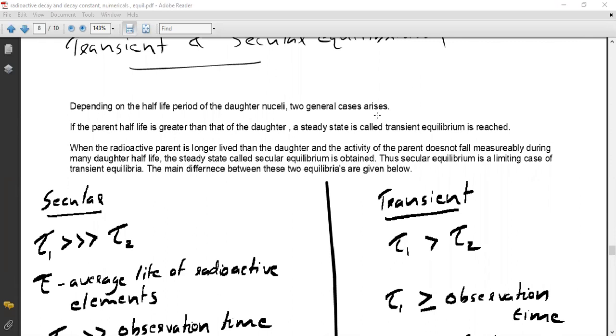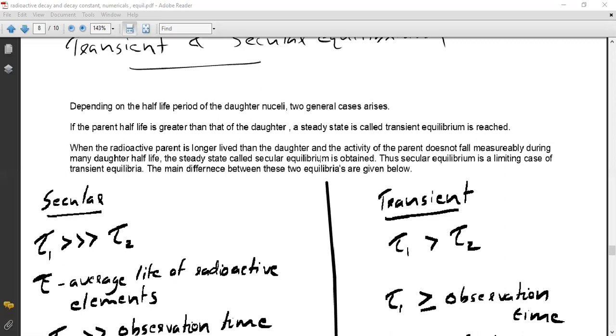If the parent half-life is greater than that of the daughter, a steady state called transient equilibrium is reached. If the parent radioactivity is much longer lived than the daughter and the activity of the parent does not fall measurably during many daughter half-lives, that steady state is known as secular equilibrium, which is a limiting case of transient equilibrium.